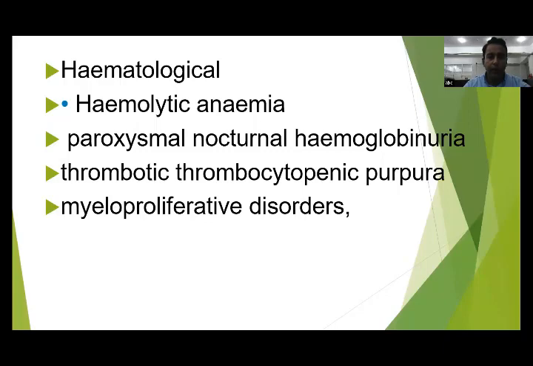If the patient has a high retic count, think about hemolysis, and always make a habit of a peripheral smear where you can see lytic cells and normal cells. PNH, thrombotic purpura, and myeloproliferative disorders all come in the hematological causes of PUO.